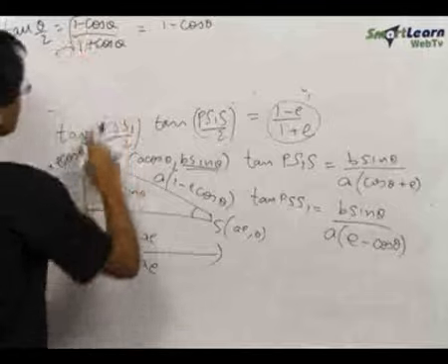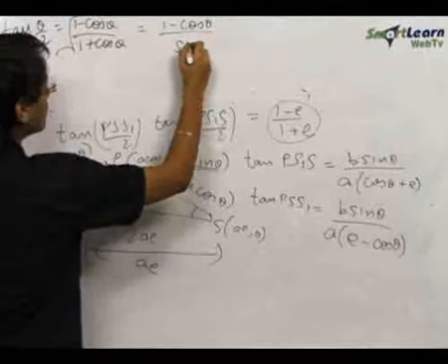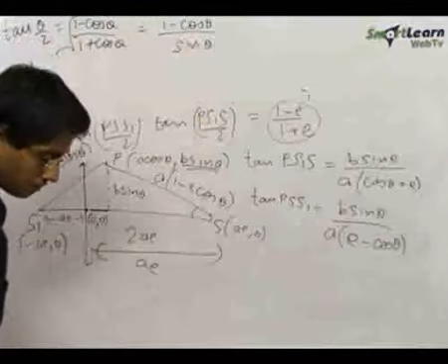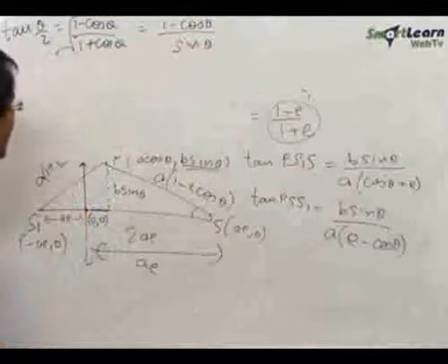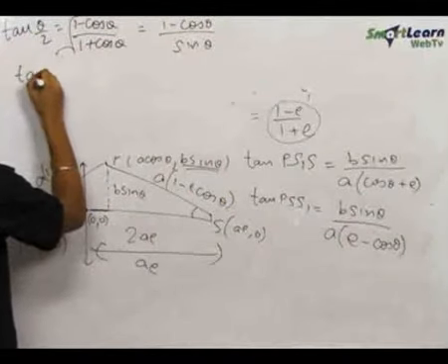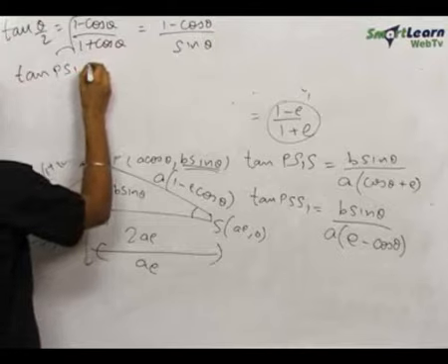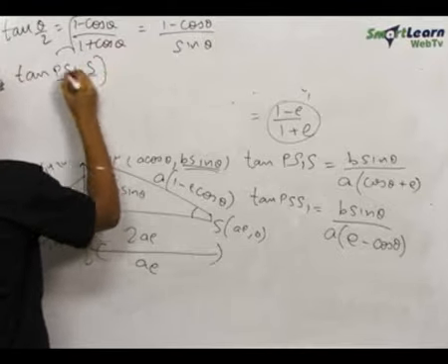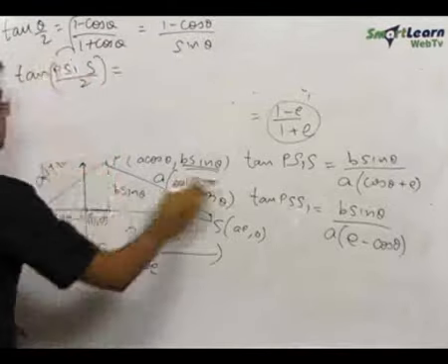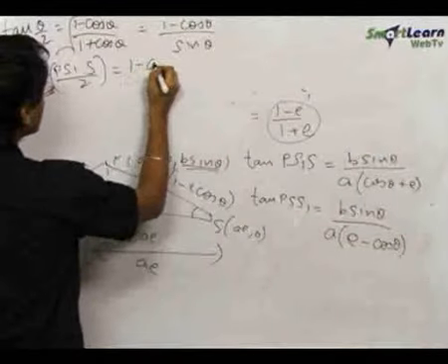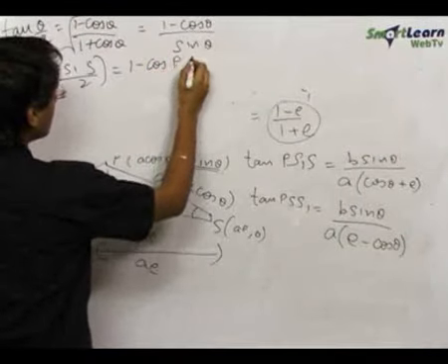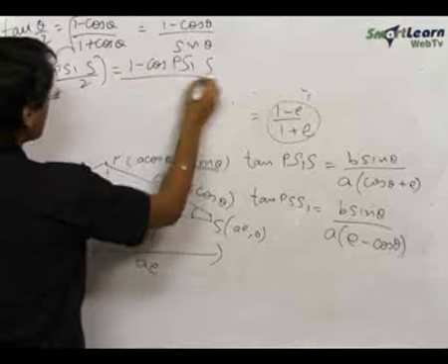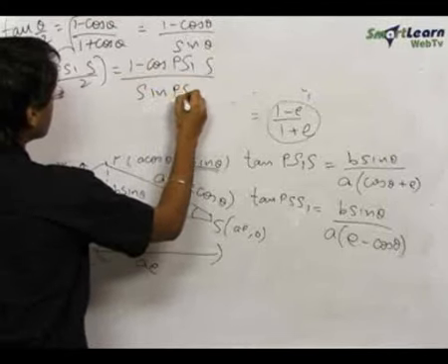So this under root becomes 1 minus cos theta by sin theta, and hence tan of PS1S by 2 is equal to 1 minus cos of PS1S, divided by sin of PS1S.